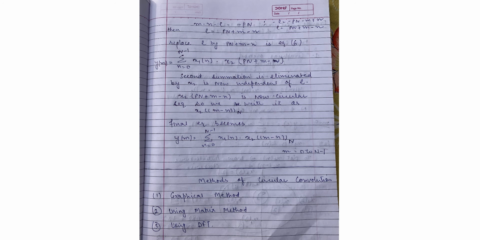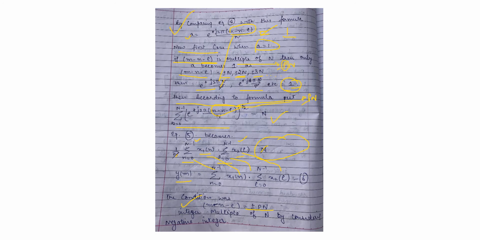Then from here L will be equal to PN plus m minus n. So replace L by PN plus m minus n. Means this L we have to replace by this part. So we write instead of L, PN plus m minus n.